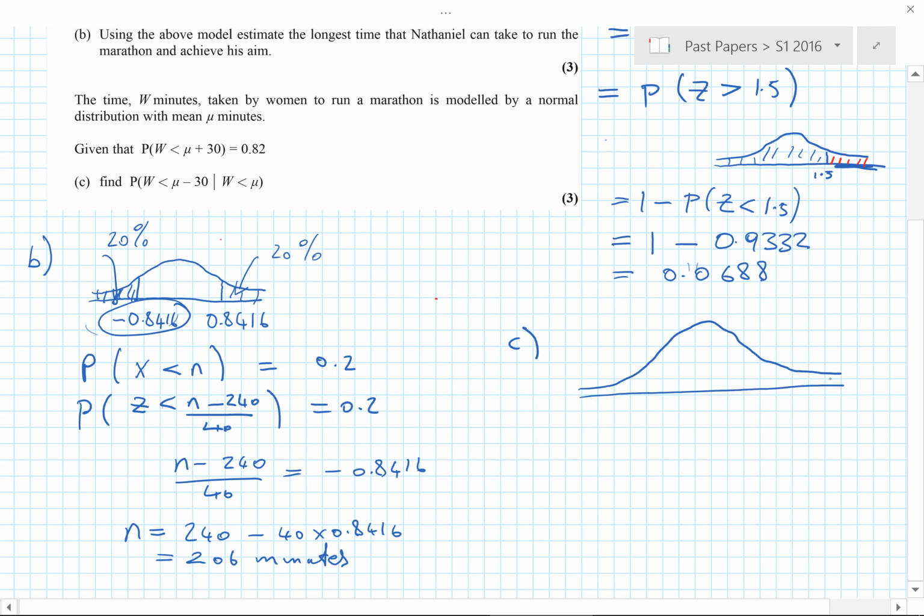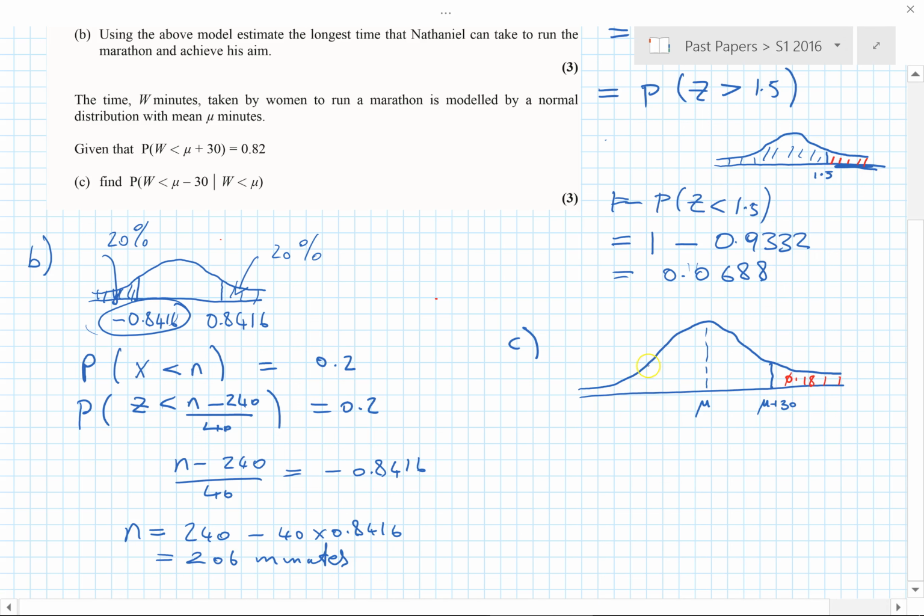I've got mu here of course, and mu plus 30 here, and this area is 0.82. It might be more helpful to highlight the other area, and that's 0.18, 1 minus 0.82.